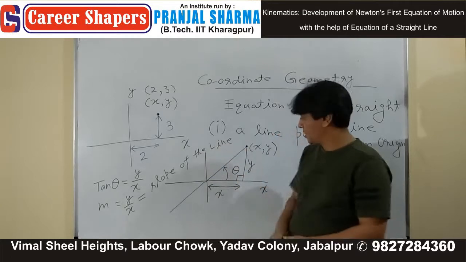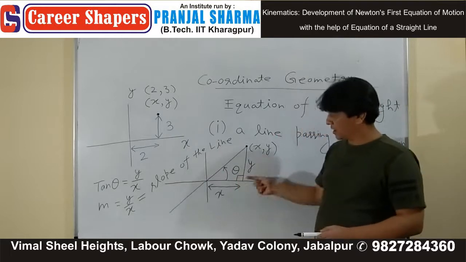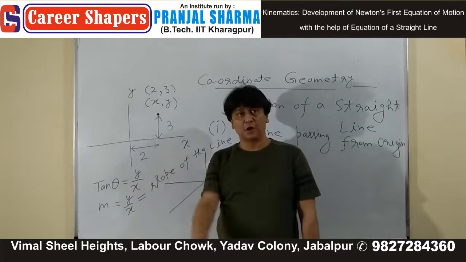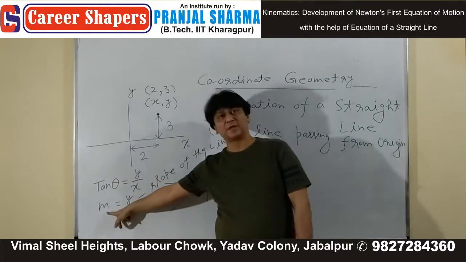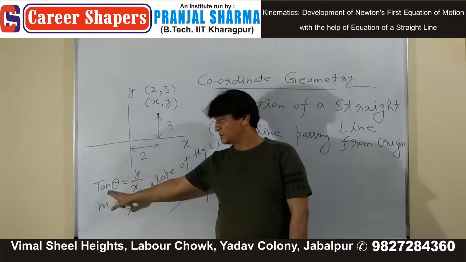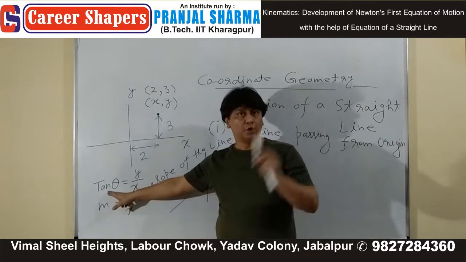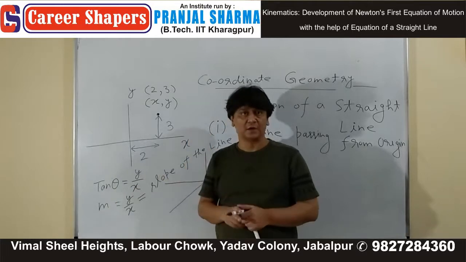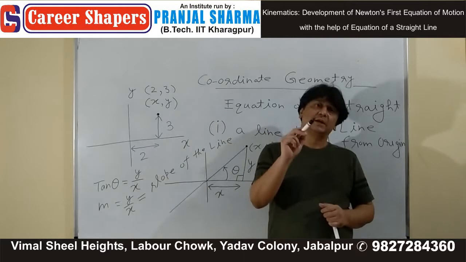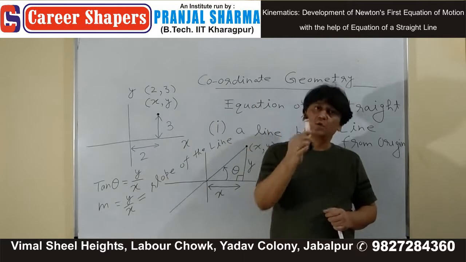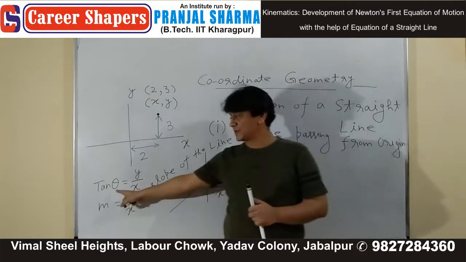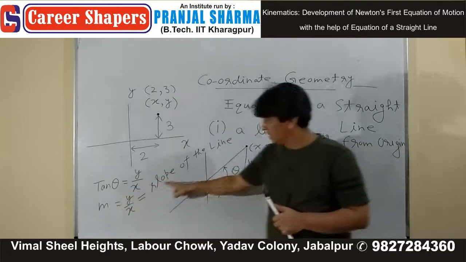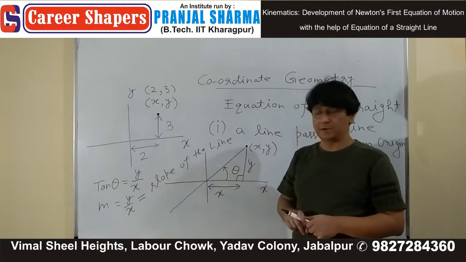Now listen again. What is tan theta? Perpendicular upon base. This tan theta in short is represented by M. I told you in differentiation when we developed the slope of a tangent, what was a tangent? Tangent was a line. What was slope? Slope was tan of theta. So this M, which is tan theta, is called the slope of the line.